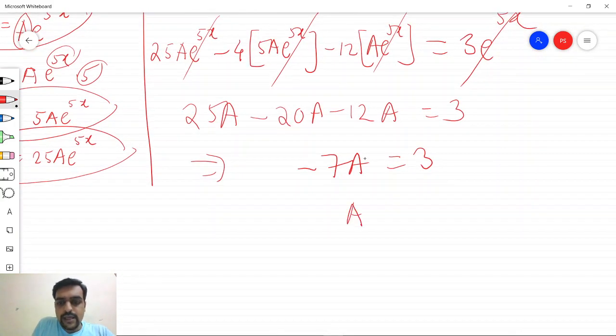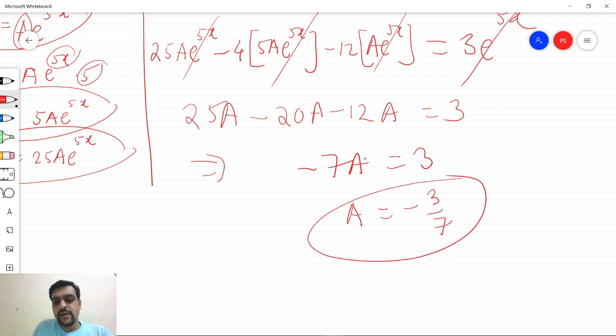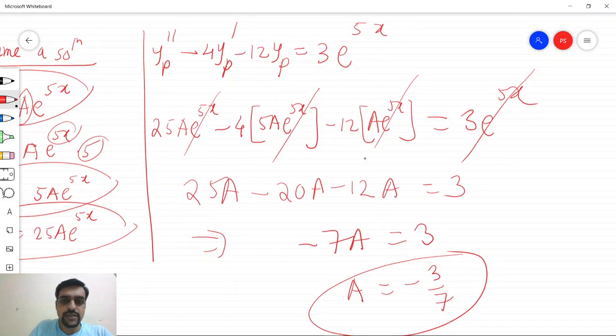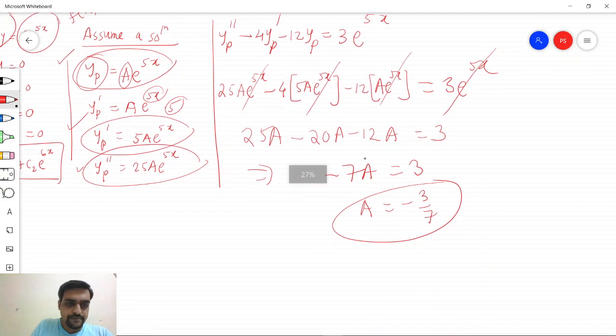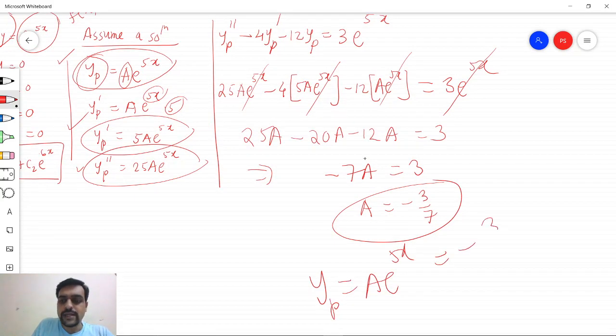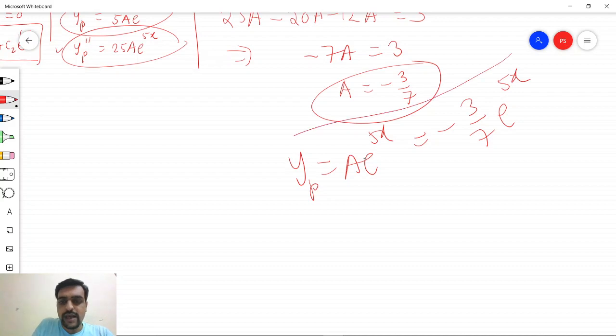So a is now minus 3 by 7. So we have the value of the unknown constant with us. So this yp, which was a e raised to 5x, now becomes minus 3 by 7 e raised to 5x. Correct? So yes, we have with us the particular solution as well.